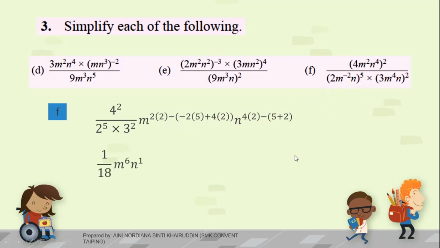So if you use the calculator, you'll get 1 over 18 m to the power of 6 n to the power of 1. So you can also give your answer like this. Here also it doesn't matter, this is okay. So this is the other answer you can write.